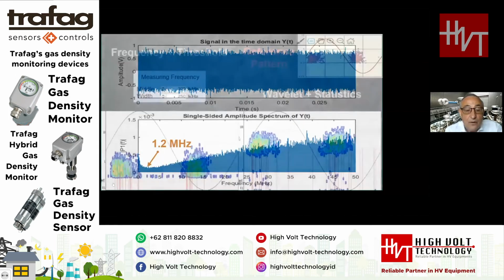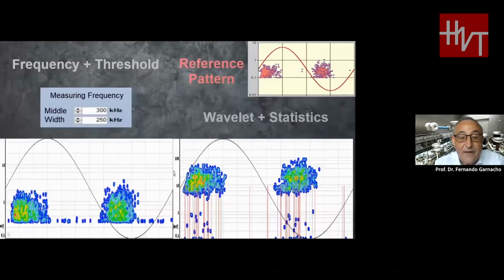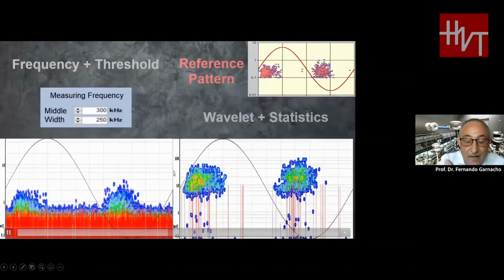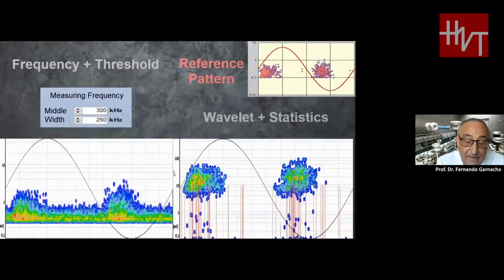When we increase the noise, on the left we can see that the noise level is increasing and the PD pattern is being lost. But on the right, we have the blue box technology. The blue box technology is not affected, because it is based on wavelet transform and statistical tools that remove the noise automatically.